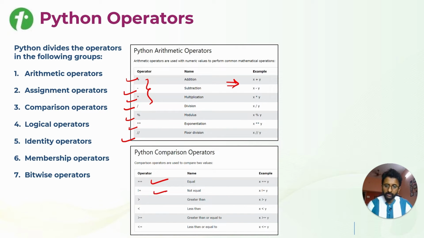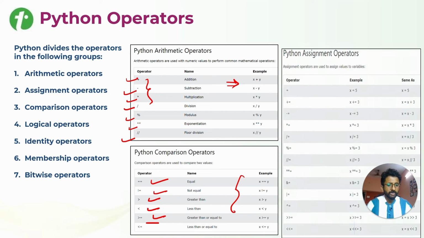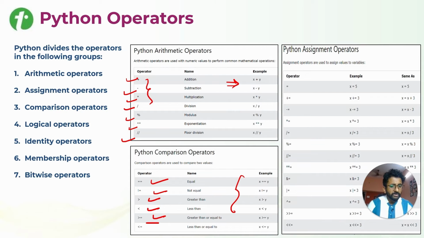Now to do comparison operations, you have equal to, not equal to, greater than, less than, greater than equal to, or less than equal to. And these are different examples of how the operations are performed. In assignment operations, whenever you are saying x equal to 5, you are assigning this 5 value to the x variable, right?